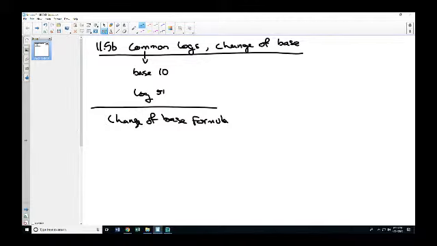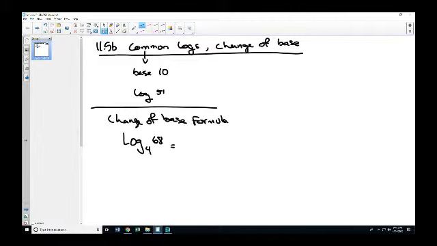But if we were asked something like that, it's not a common log, and we needed the answer to it, we had to go to those tables after using the change of base formula. So we would change this to base 10, then go to our tables and calculate our answer.